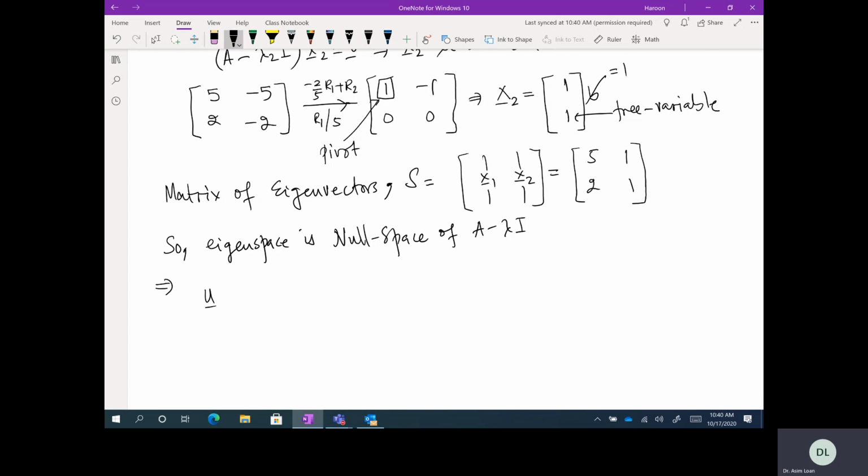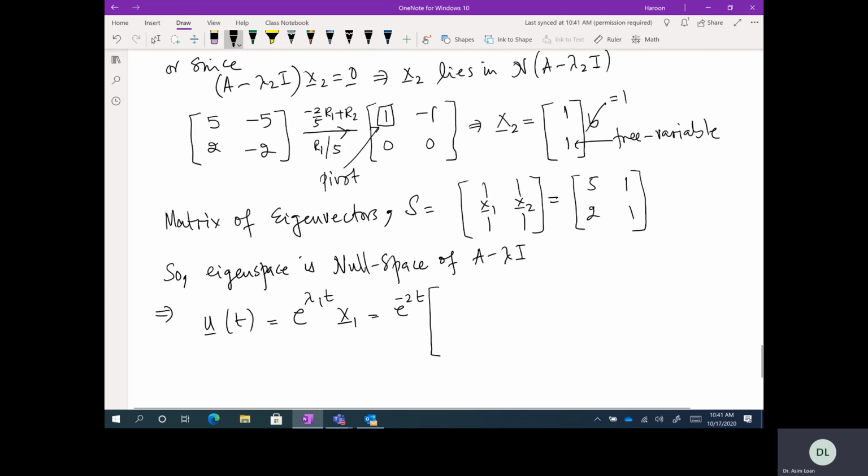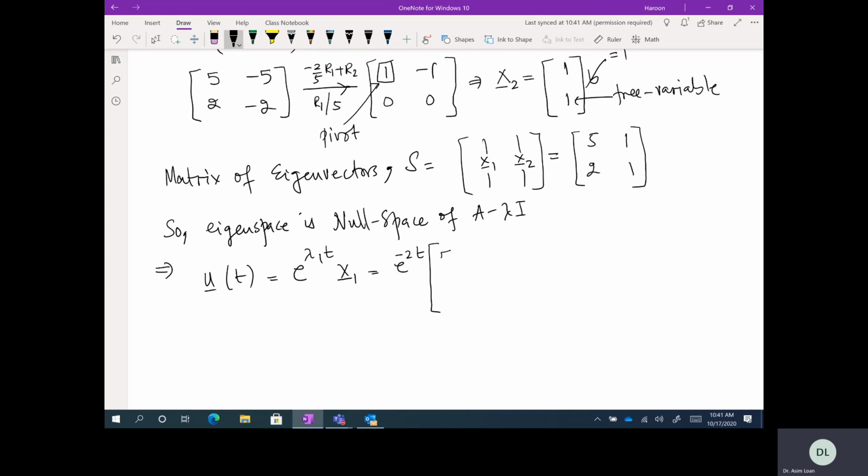If this is all right, now we have the solution. This implies u of t is equal to e to the lambda 1 t x1, which is e to the minus 2t times 5 and 2. It's good practice to take the largest eigenvalue as lambda 1 and the smallest successively as lambda 2, lambda 3, and so on, because we'll see why in a little while.